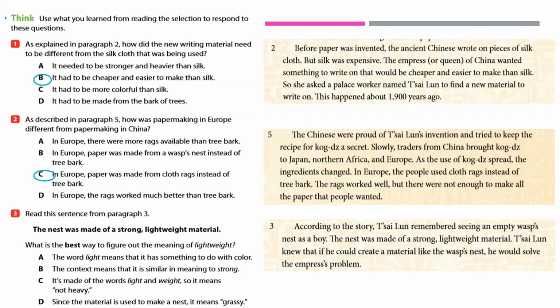Okay. The nest was made of a strong, lightweight material. What is the best way to figure out the meaning of lightweight? I'll let you do that on your own.